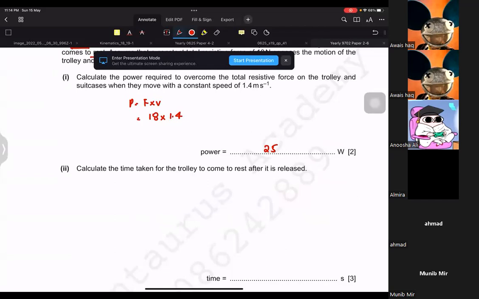Then, the time taken for the trolley to come to rest after it is released. Calculate the time taken for the trolley to come to rest. So we got to see what we have actually.